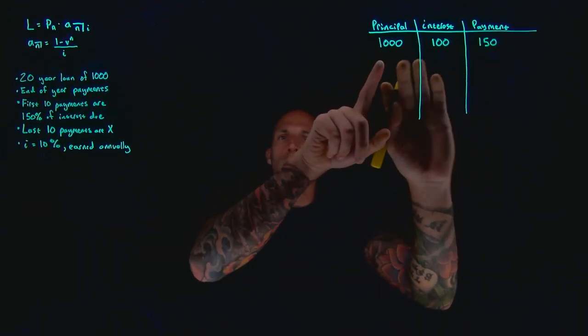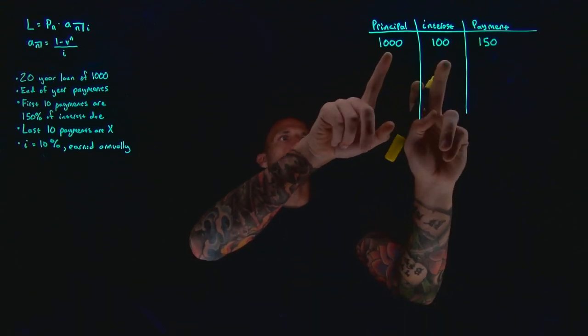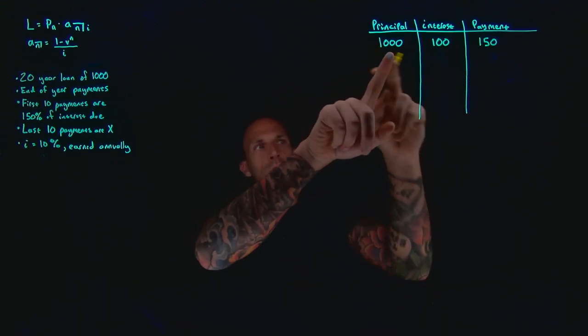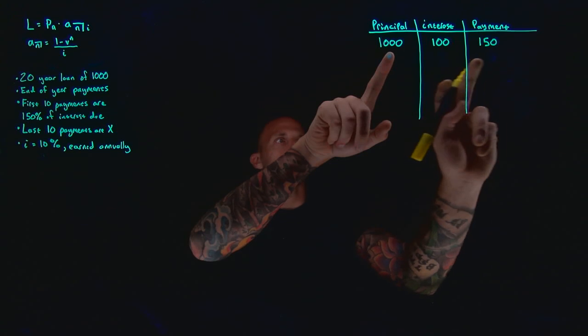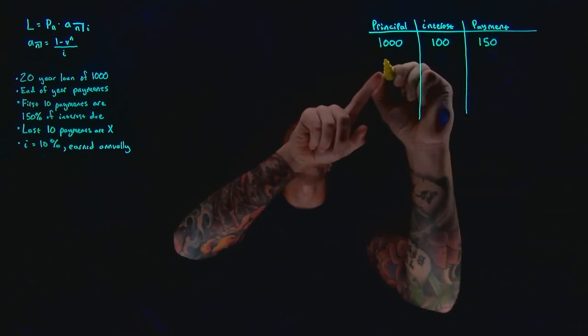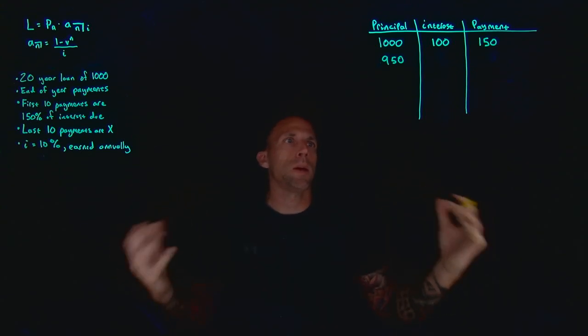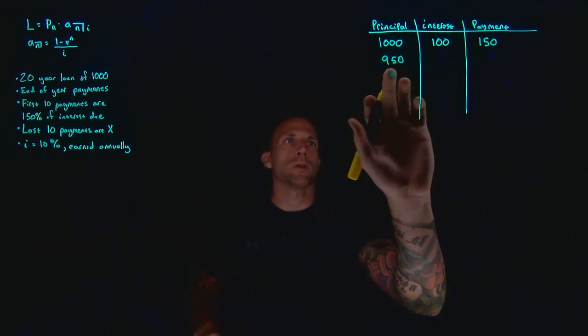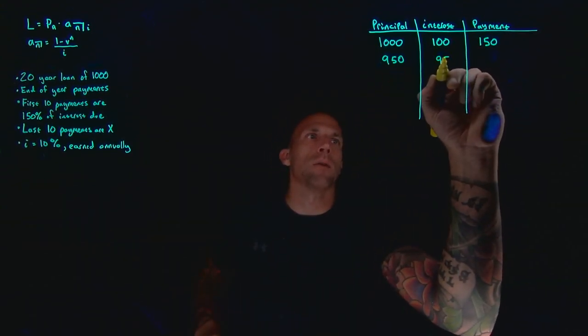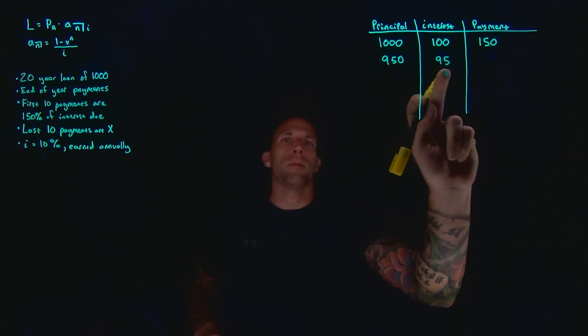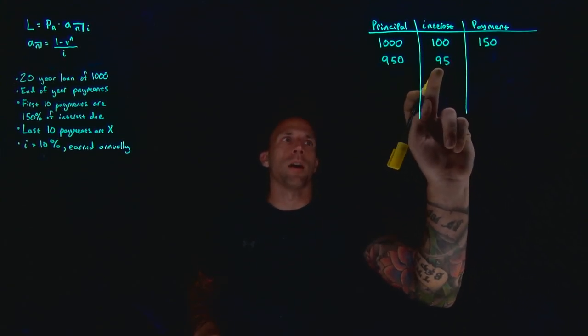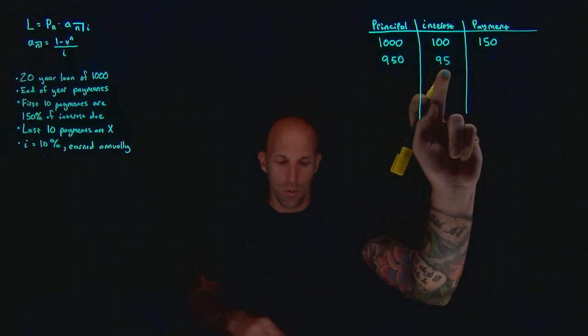So the principal then at the beginning of the next year will be the sum of the principal from the preceding year and the interest minus the payment, for 950. And then the process repeats. We earn 10% interest on 950 for $95, and then we make a payment that is 1.5 times this value.